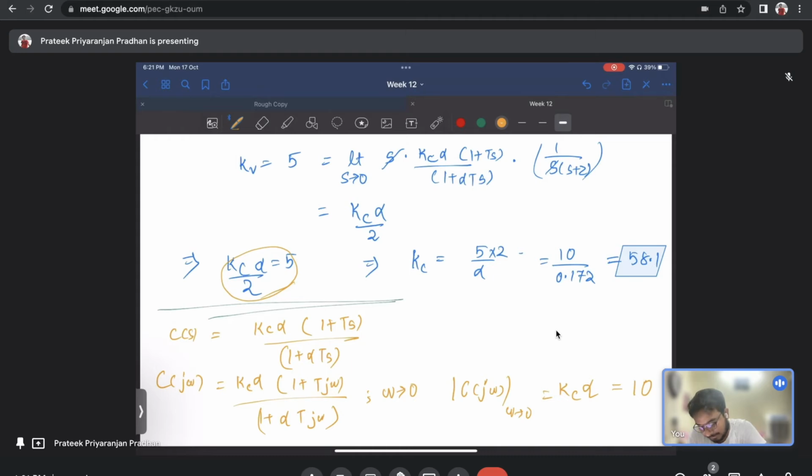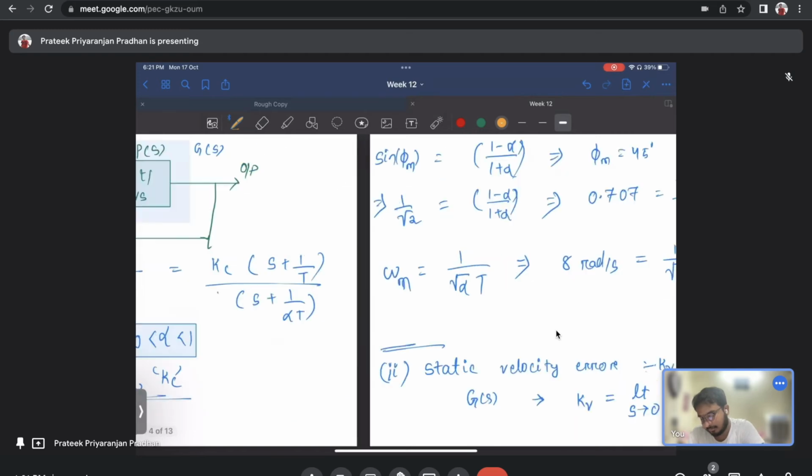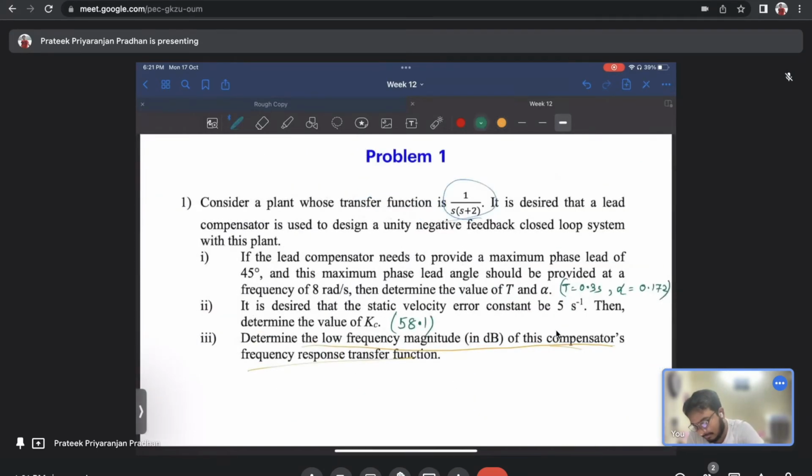That means in dB scale it will be 20 log 10, base 10, which is equal to 20 dB. So the answer here is 20 dB. I'm sorry for the little bit of confusion in between.